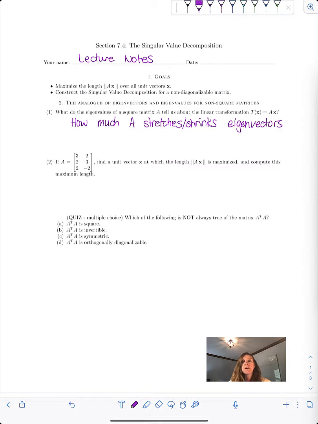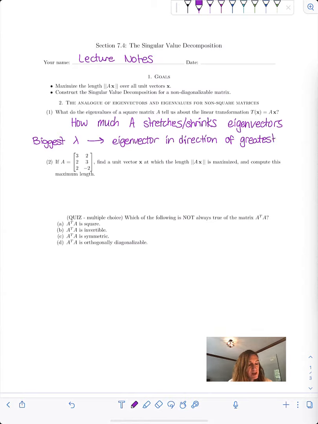It turns out that the biggest eigenvalue corresponds to an eigenvector in the direction of the greatest stretch. Maybe I should say the direction of the greatest scaling, because it might be the case that the matrix A shrinks everything by a little bit, so you want the least amount of shrink. Or the greatest stretching effect, I guess, is another way to think about it.